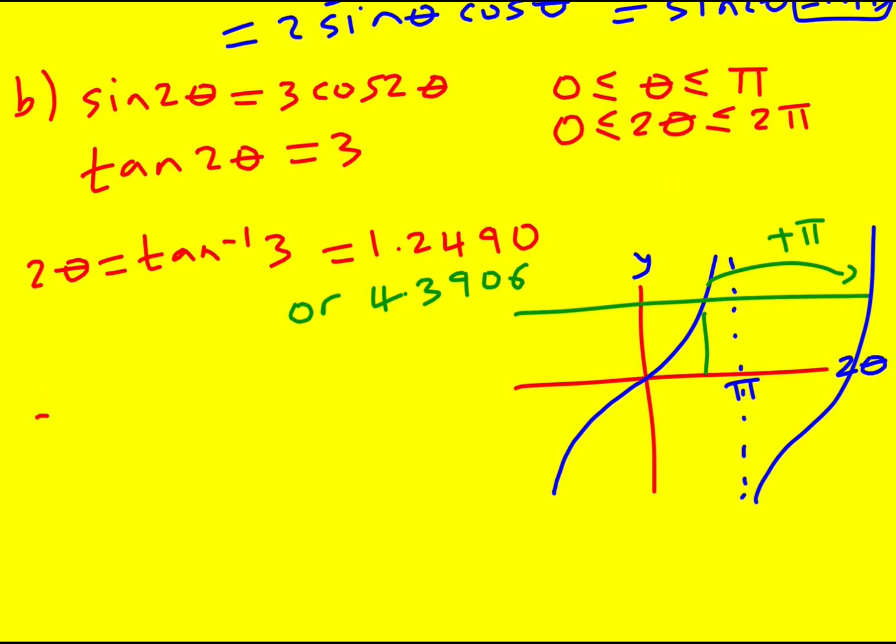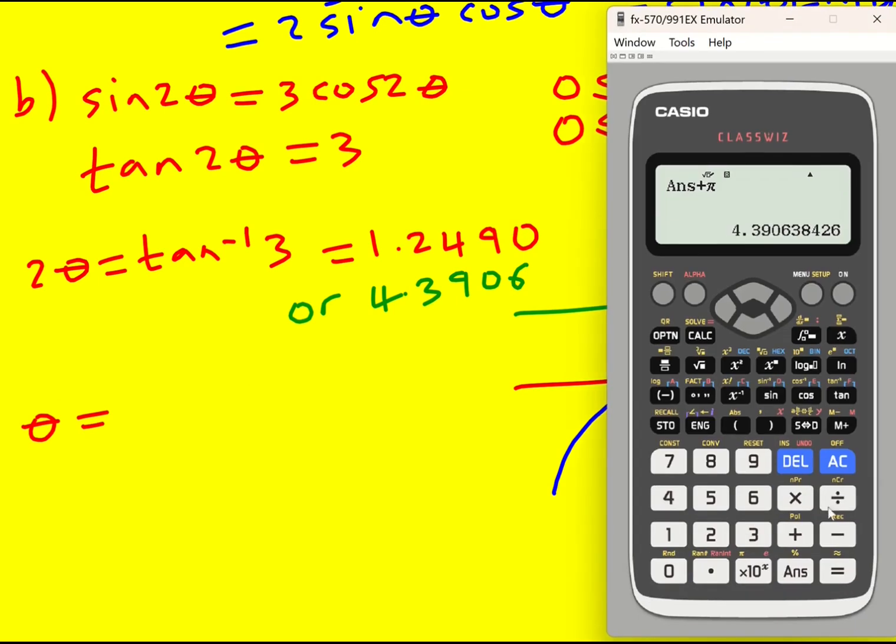Okay, and then finally, to get theta, we just need to divide by 2. So I'll divide by 2 for the second one first, 2.1953.